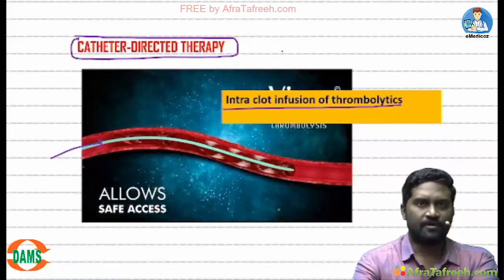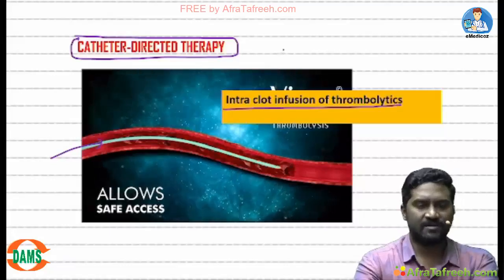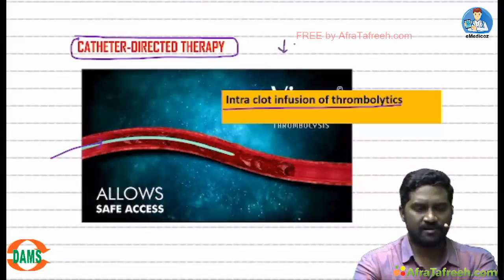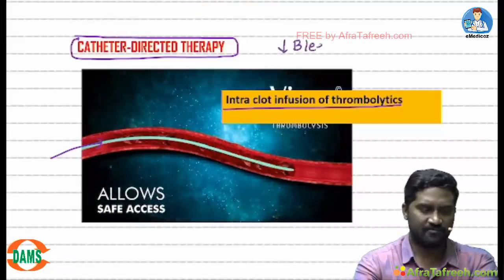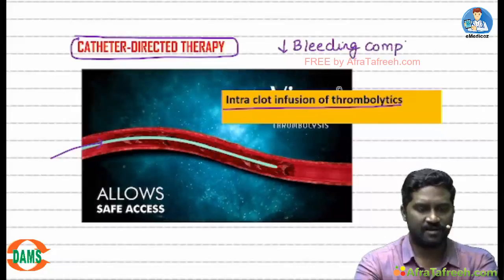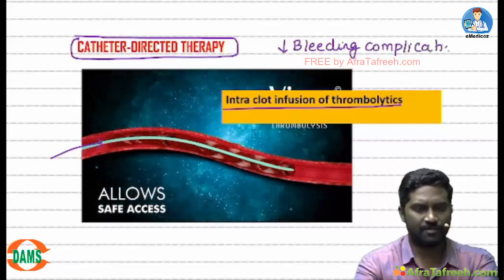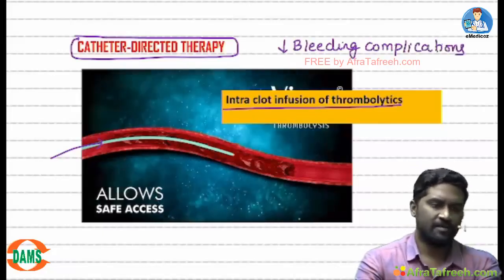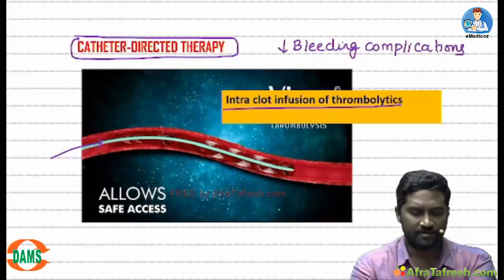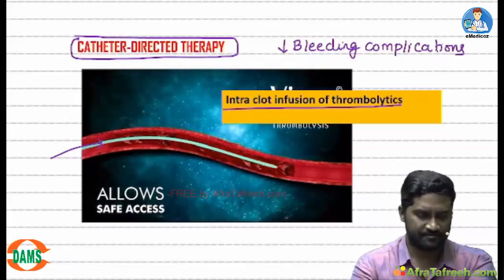The dose of the drug is less. It is a targeted thrombolysis, and because the dose is less, there are fewer chances of bleeding complications, students. This is regarding the catheter directed therapy, intraclot infusion of thrombolytics.